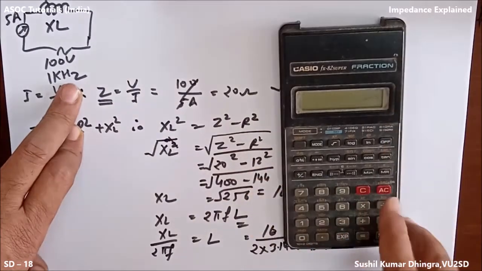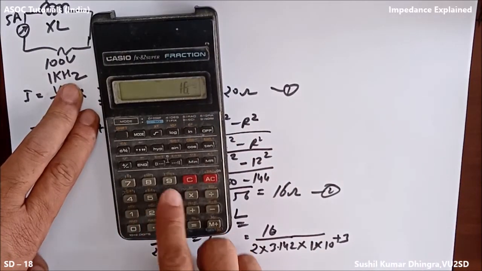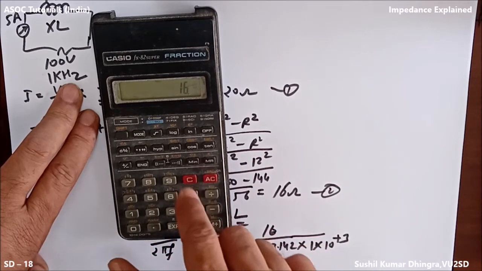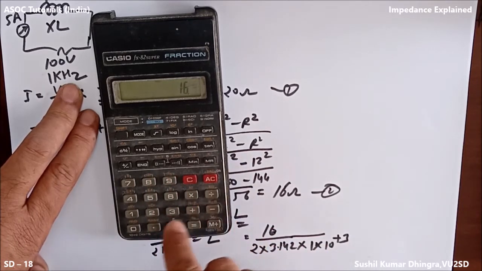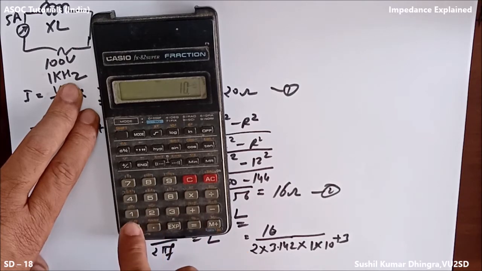I am using the same calculator again. 16 divided by bracket start, 2 into 3.142 into 1000, straight taking the value, and bracket close.